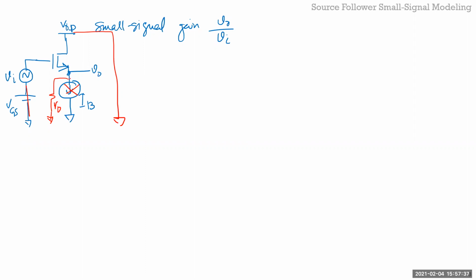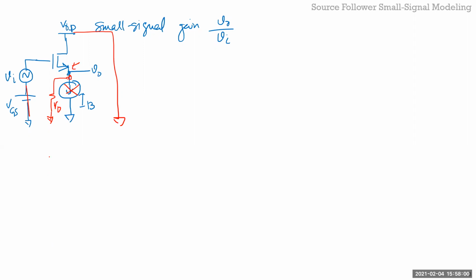Okay, so the source follower, as the name suggests, the output follows the source. I mean, sorry, the source follows the input. Source is the output in this case. So source means the source of this NMOS. You can do the same PMOS source follower as well.